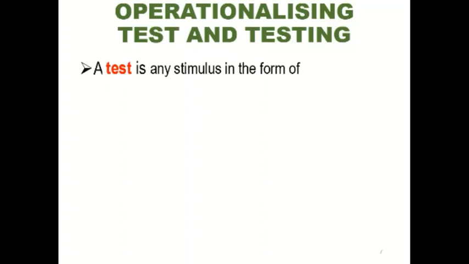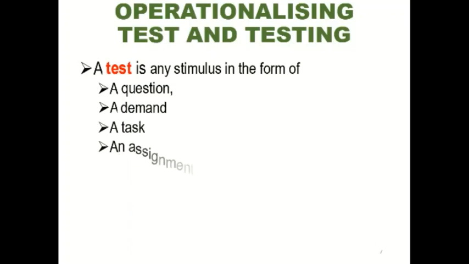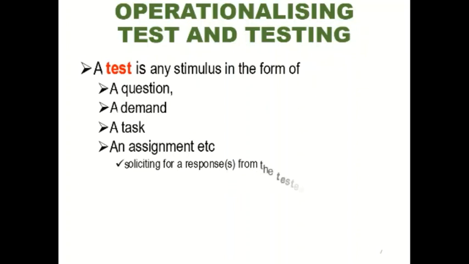So a test is seen as a stimulus, any stimulus whatsoever. This stimulus can be in form of a question, can be in form of a demand, can be in form of a task, can be in form of an assignment, and what have you. And a stimulus is expected to solicit a response or responses from the testee.